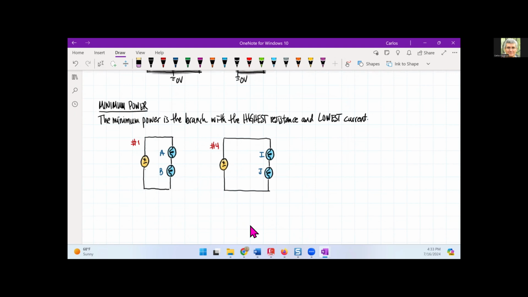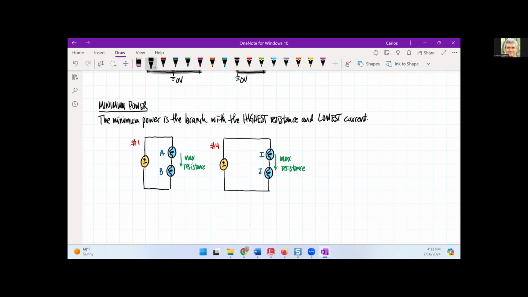So when I'm looking at these guys, you're seeing that along this branch, right in here, I'm getting max resistance. And along here, I'm also getting max resistance.